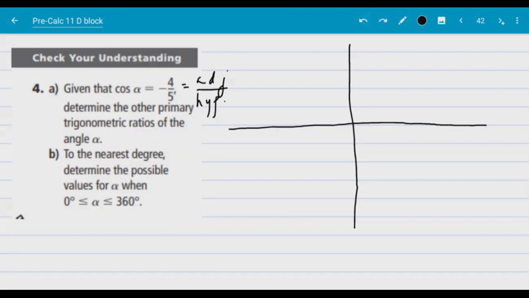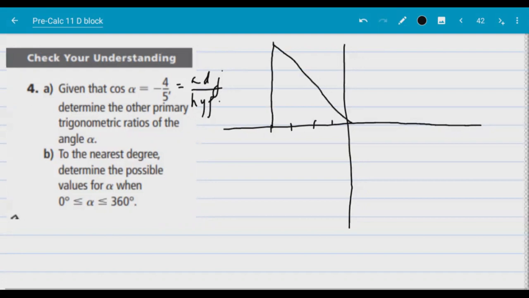So let's just say that this is how it's going to be. 1, 2, 3, 4. And then I will have something like this. This is your 5. This is your 4.